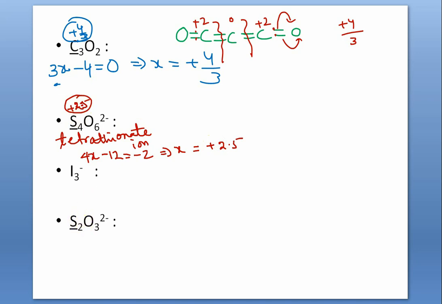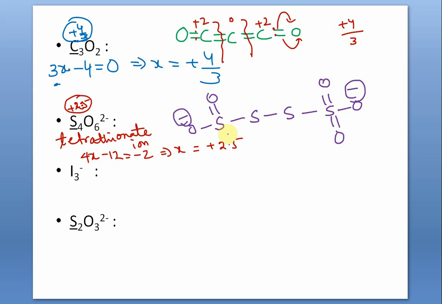Now your turn. I will draw the structure. You will have to assign the oxidation number. This is S4O6 2 minus.